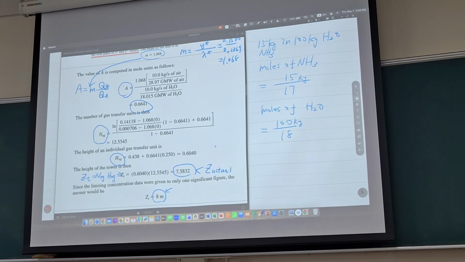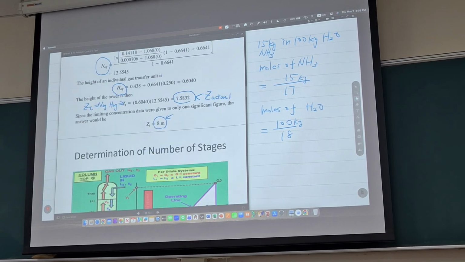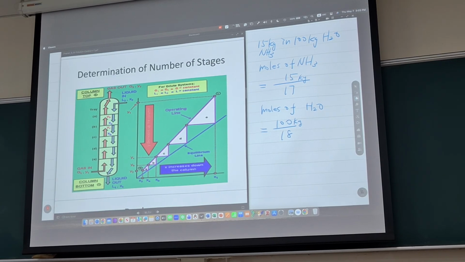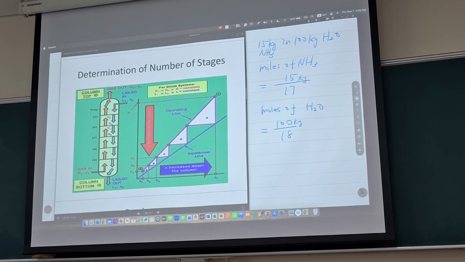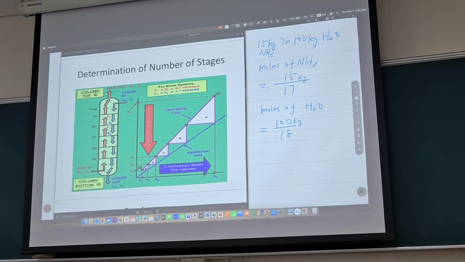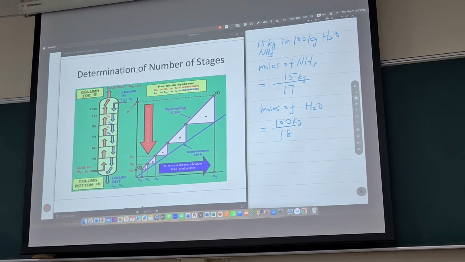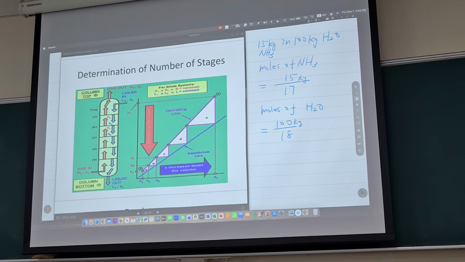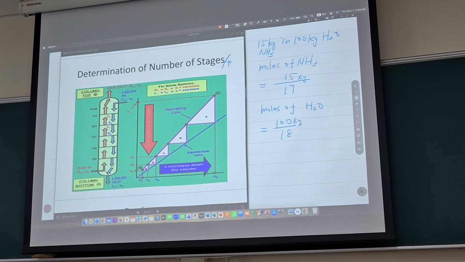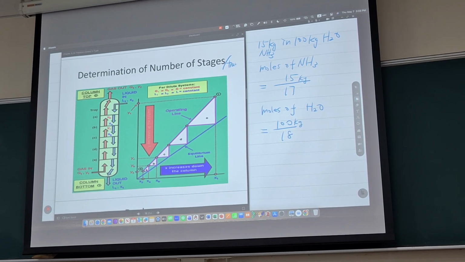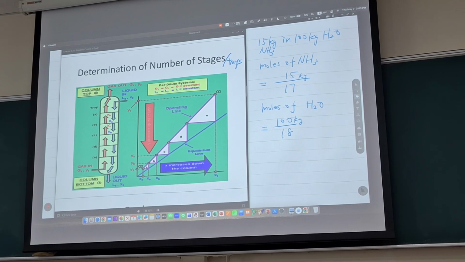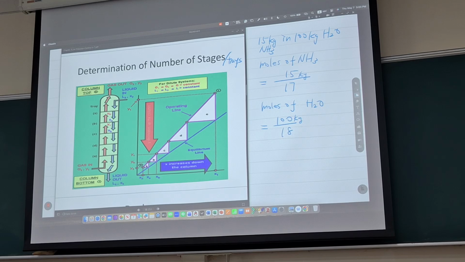Okay, so this question is for packing, right? Second one is for tray. This is going to tell you how many stages or how many trays you need for this absorption tower.